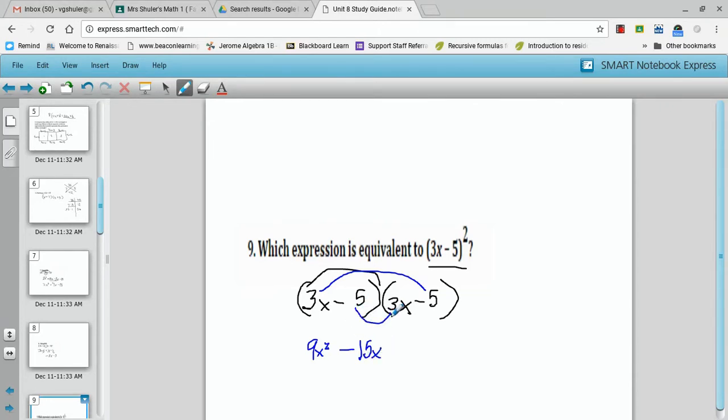Then we do negative 5 times 3x, negative 15x. Then we do negative 5 times negative 5, which gives you a positive 25.